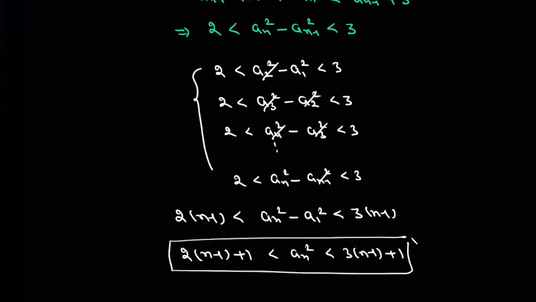Now it says we need to prove that a75 will lie between 12 and 15. So what we'll do is we'll put the value of n as 75.